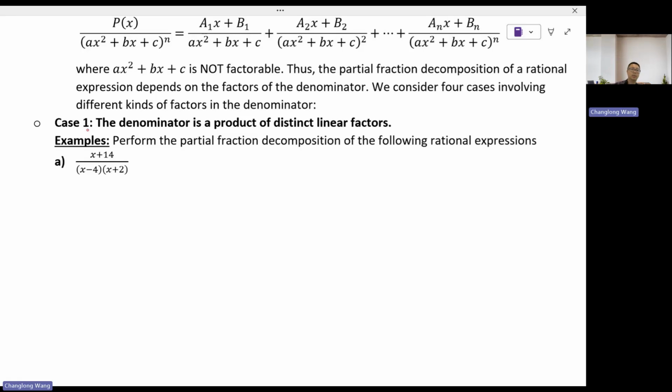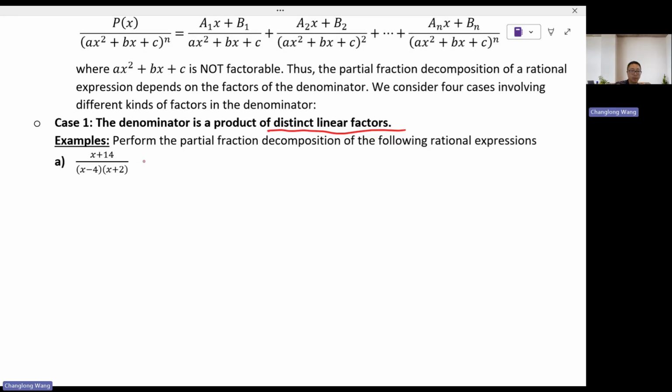That's why I'll spend the class tomorrow to work out all those cases. But case number 1, the easiest one, is when the denominator you're starting with is a product of distinct linear factors. You can see that the 2 factors, x minus 4 and x plus 2, are different, and both of them are linear.